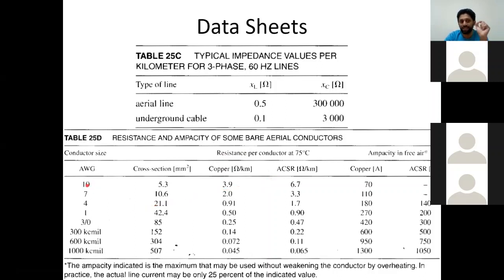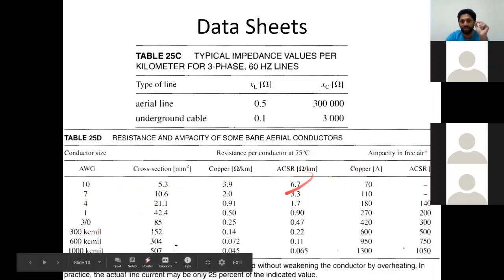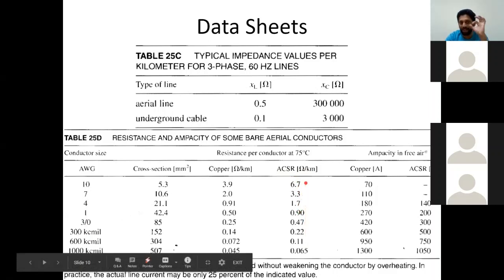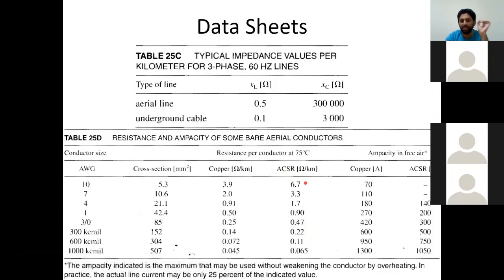So if it is a 10 wire gauge, its resistance per kilometer for an ACSR conductor will be 6.7 ohm. As the wire gauge changes for the ACSR conductor, the resistance will change, and as the diameter increases, you can see resistance decreases.